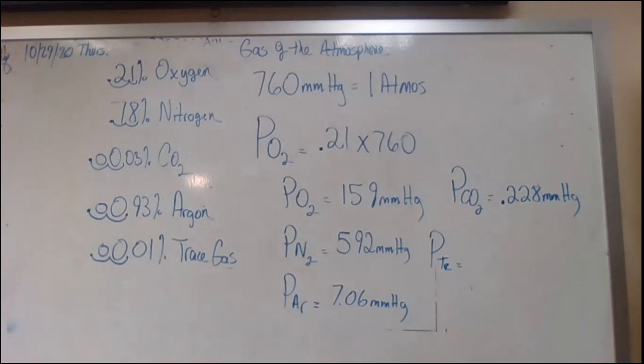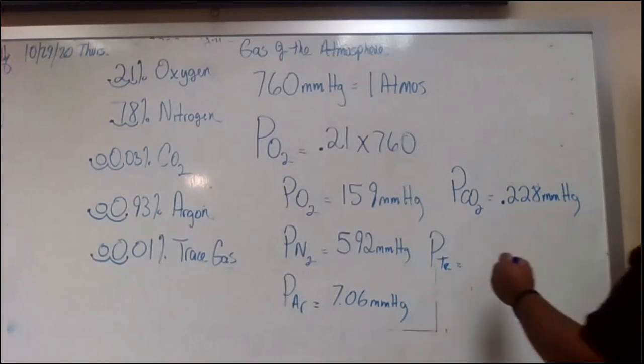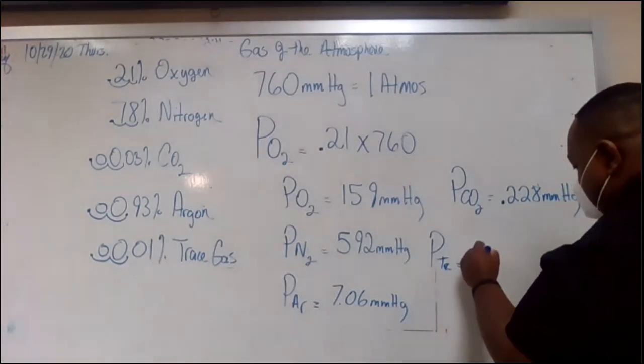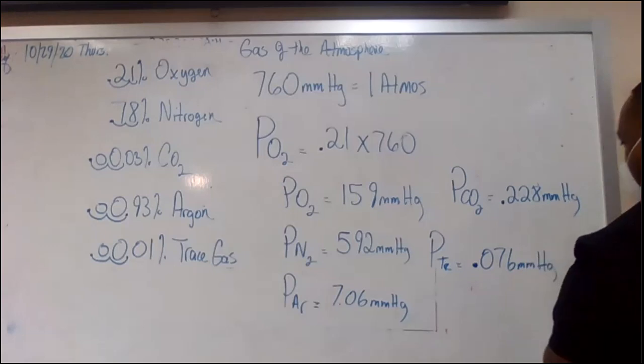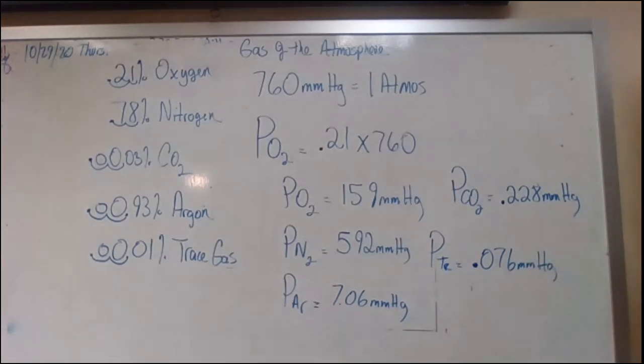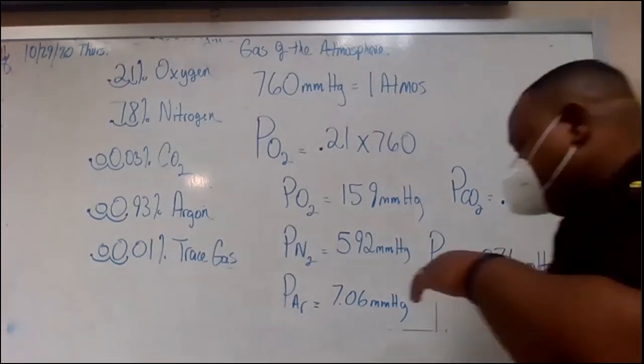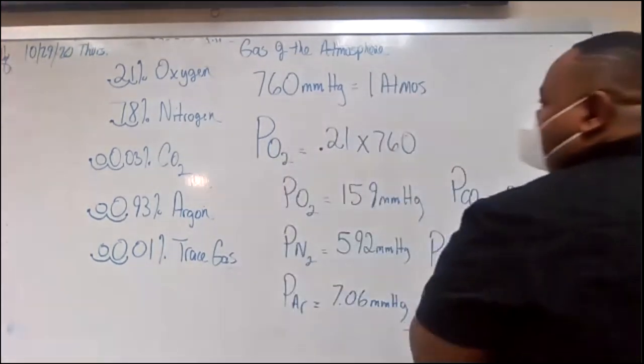What do you get? 0.076 millimeters of mercury. All right, so let's check our theory.